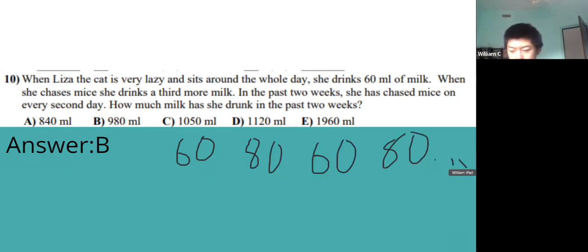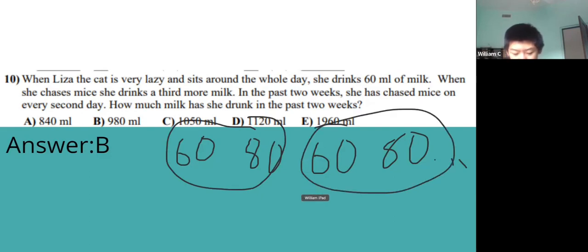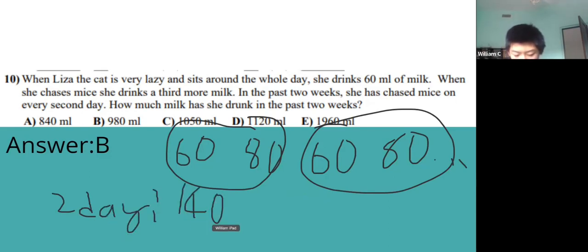The pattern is that every time you switch between 60 and 80. However, we can make them into clumps of 2 days. So every 2 days she drinks 140. And since she goes 2 weeks, which is 14 days, multiply 140 times 7 to get our answer, which is B.